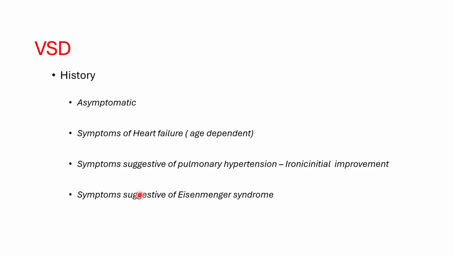And I spoke about the ironic initial improvement where in adolescents, they may have heart failure as they approach adulthood, where they are becoming pulmonary hypertensive. They may go through a period where they're actually okay because the symptoms of heart failure disappear. But then subsequently, the symptoms of pulmonary hypertension take over and they begin to deteriorate.